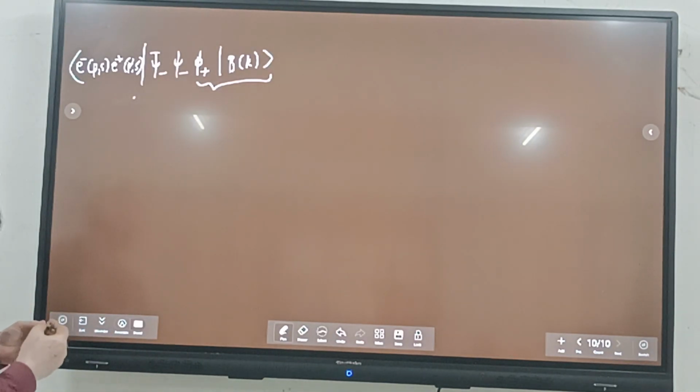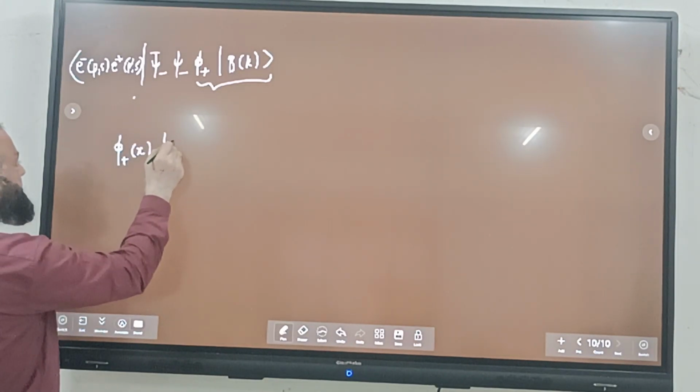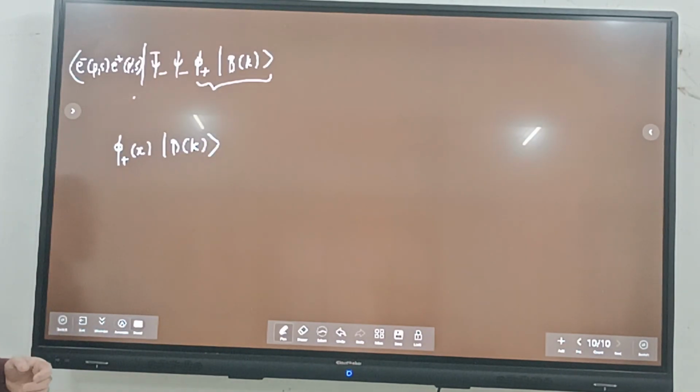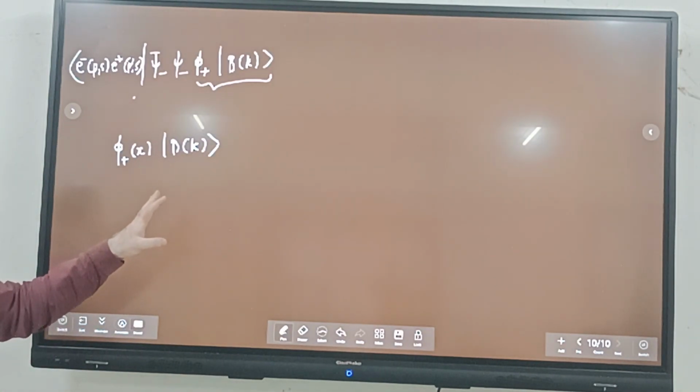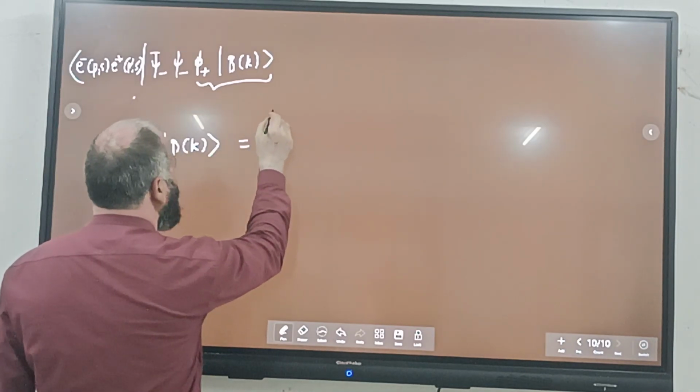Okay? So let's write. Okay, so this phi plus of x acting on this b of k. So I will write now for the initial state momentum as k. Clear? And I will write its energy as omega k, to distinguish between the energies of the final particles. Okay. So can anyone tell me how it looks like?